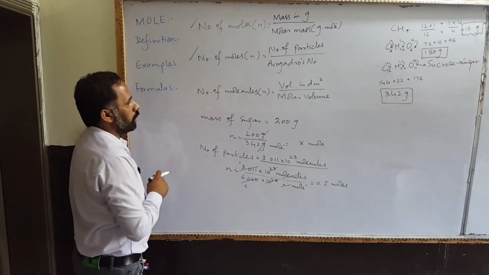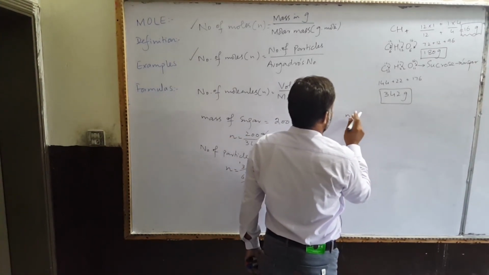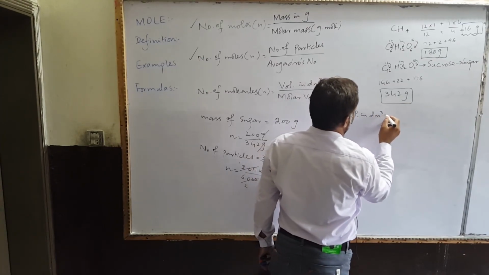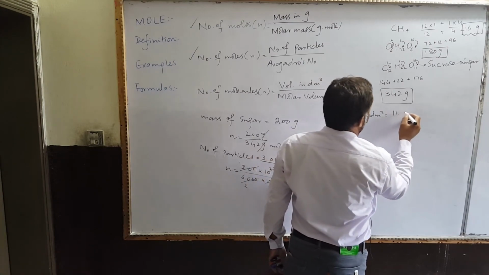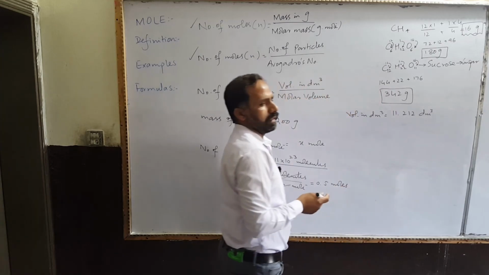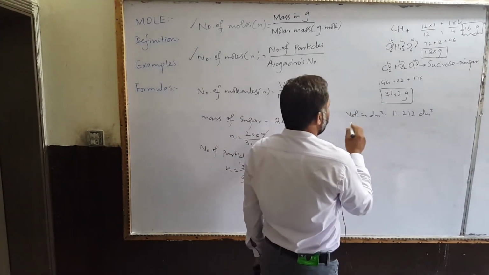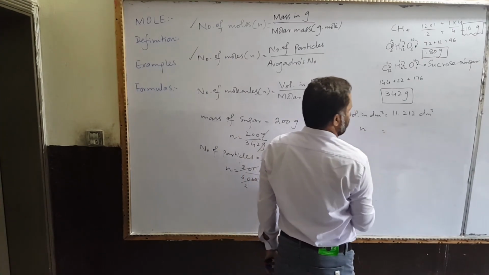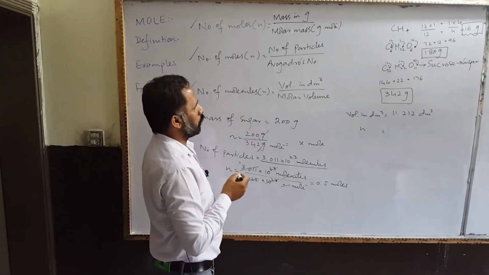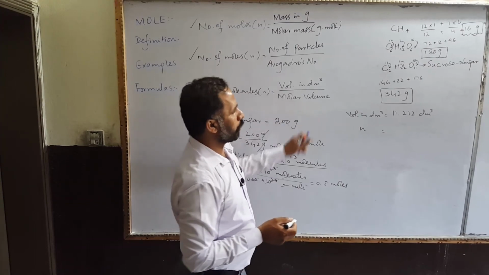Next, the third formula is used for gases. If we have volume in decimeter cube, 11.212 decimeter cube of any gas, either it is hydrogen, oxygen, nitrogen, ammonia, chlorine, fluorine, etc., we have to calculate the number of moles for this gas. We have to use the third formula: number of moles is equal to volume in decimeter cube divided by molar volume.